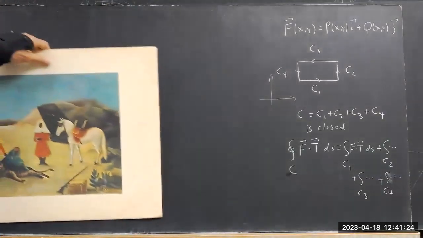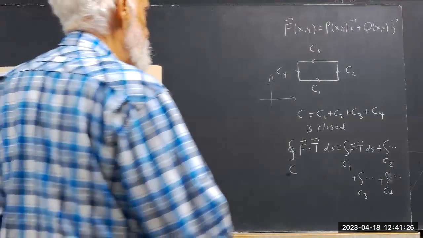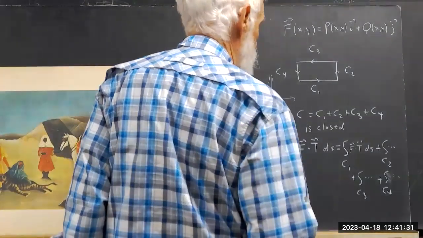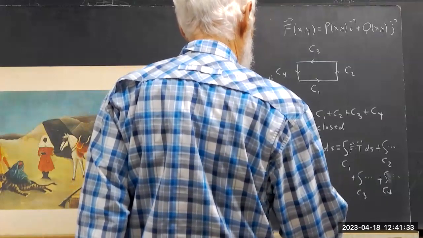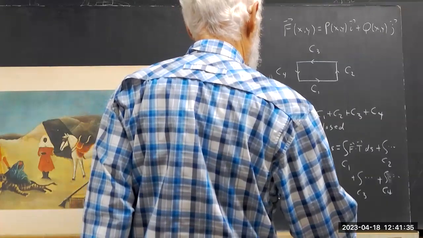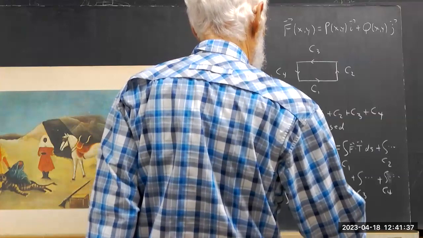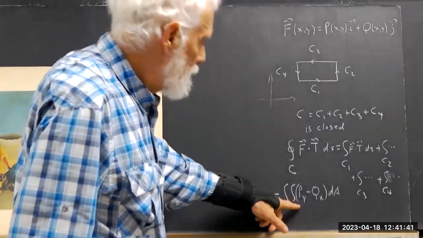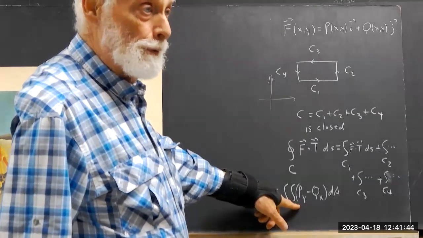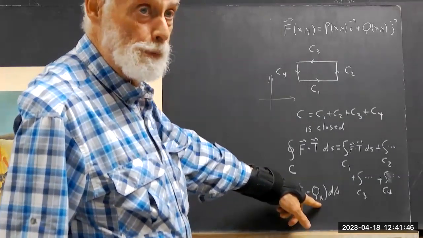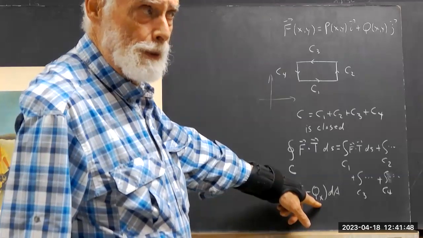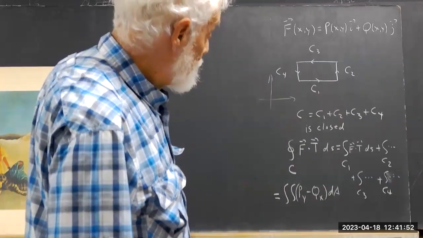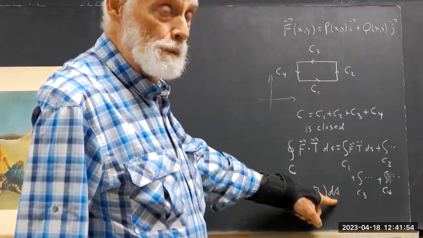It's going to turn out that this is equal to the double integral of partial p with respect to y minus partial q with respect to x, with respect to area. I think I might have that backwards, which we'll see in the process of the proof.